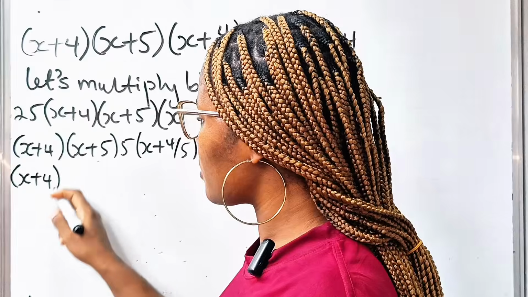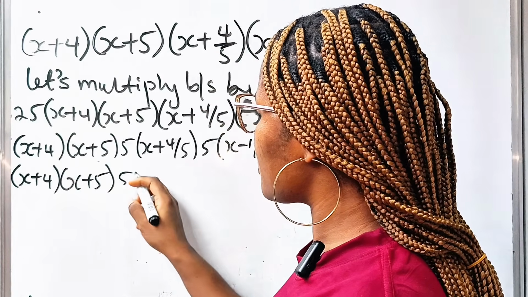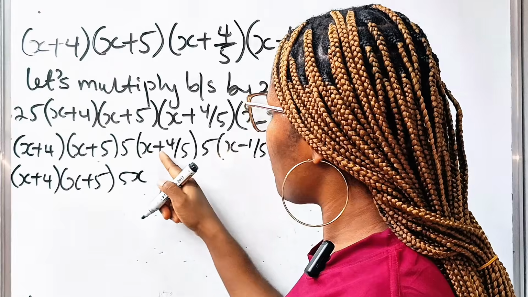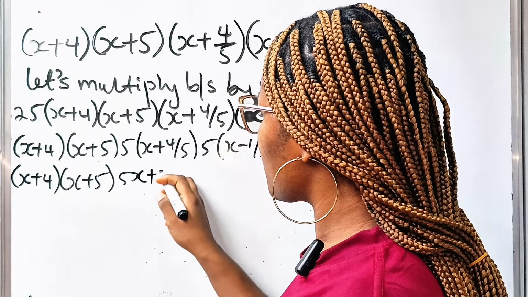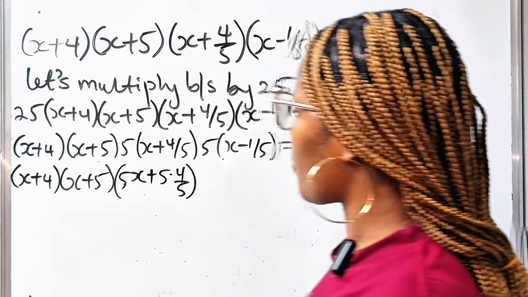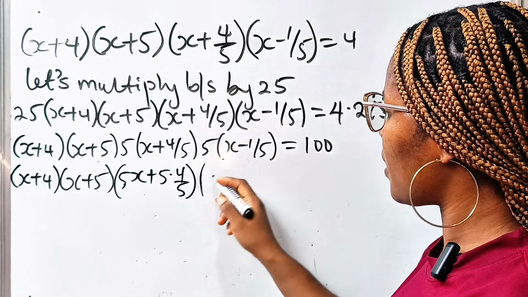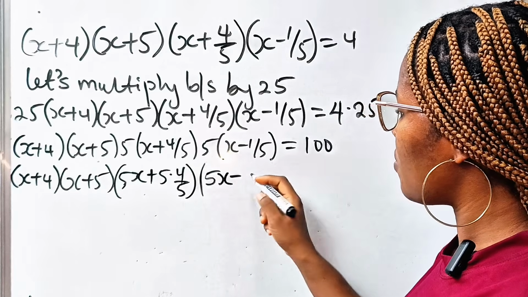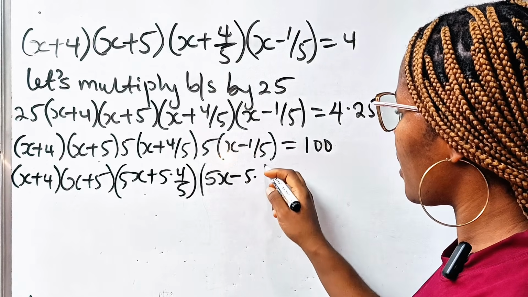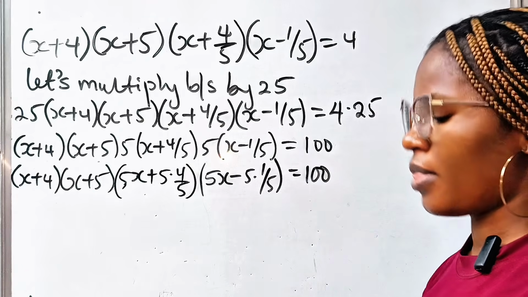x plus 4, x plus 5. 5 times x is 5x. 5 times plus 5 multiplied by 4 over 5, right? That is it for this. Then for this we have 5 times x, 5x, minus 5 multiplied by 1 over 5 is equal to 100.